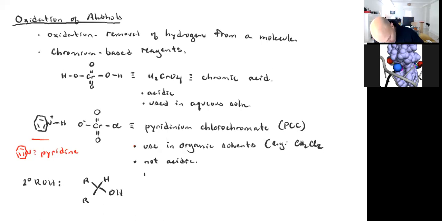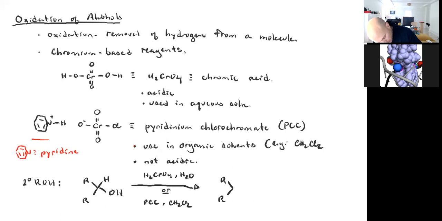You treat that with chromic acid in water or PCC, so I'll just abbreviate it PCC in dichloromethane, and you get the product of oxidation, so removal of hydrogen, okay? And this species has a special name. This is known as a ketone.